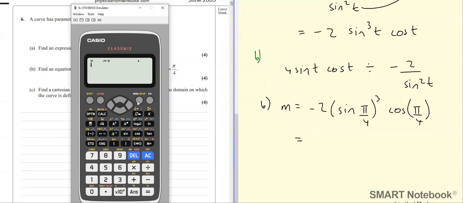So if I put it into shift setup, angle unit, radians, minus 2 times sine pi divided by 4, cubed, times cos pi divided by 4. So you should have got a gradient of -1/2. Can you please verify that in the chat?